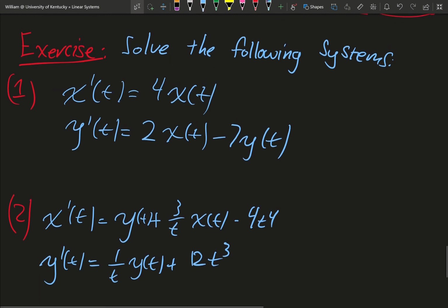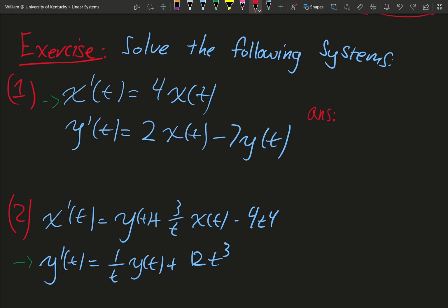Right, so give those a shot. It should be clear sort of here, you want to start with this system because it doesn't have any y's, and here you want to start with this system because it doesn't have any x's. Yeah, pause here, give it a shot. All right, and now I will just write down the answers.